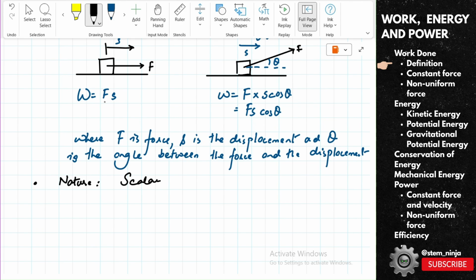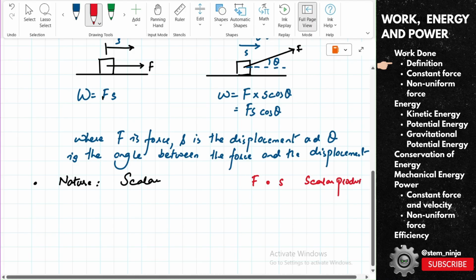You might wonder why, if you haven't studied the vectors topic. This comes about due to the scalar product of the force and displacement. If you have force times displacement or a length, but as a cross product, you will have a vector product.